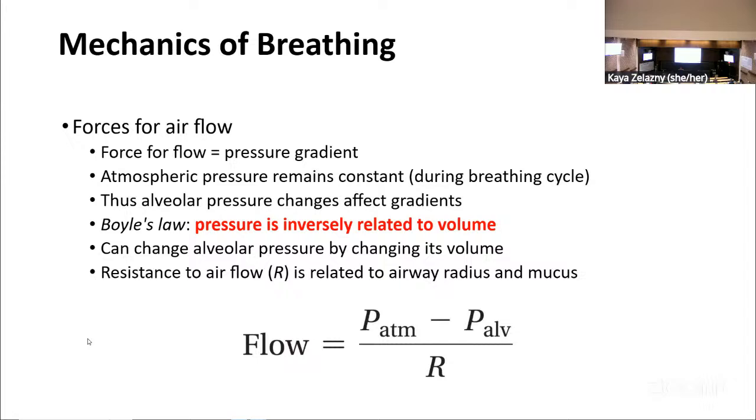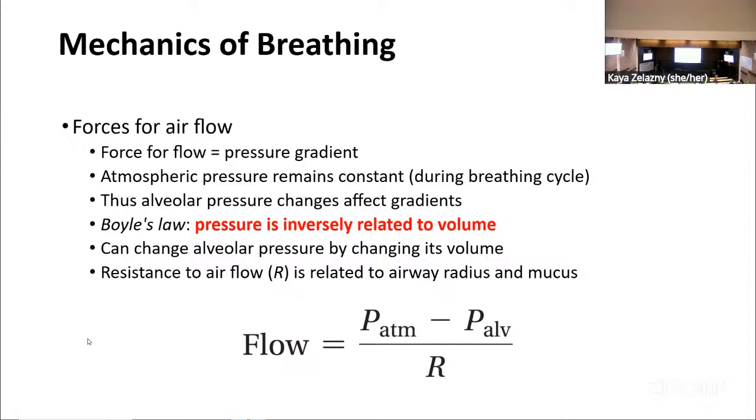If we have a negative number for our alveolar pressure, we've got high, 0 in the atmosphere, and negative pressure in the lungs is our lower number. The way that we are changing this alveolar pressure is by changing the size of the alveoli, which we do by changing the size of our chest, the size of our thorax.